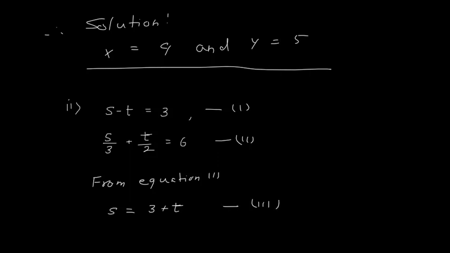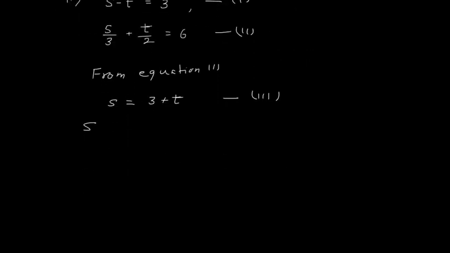Now substitute s is equal to 3 plus t in equation 2. So when you take the value of a variable from equation 1, you have to substitute in equation 2.